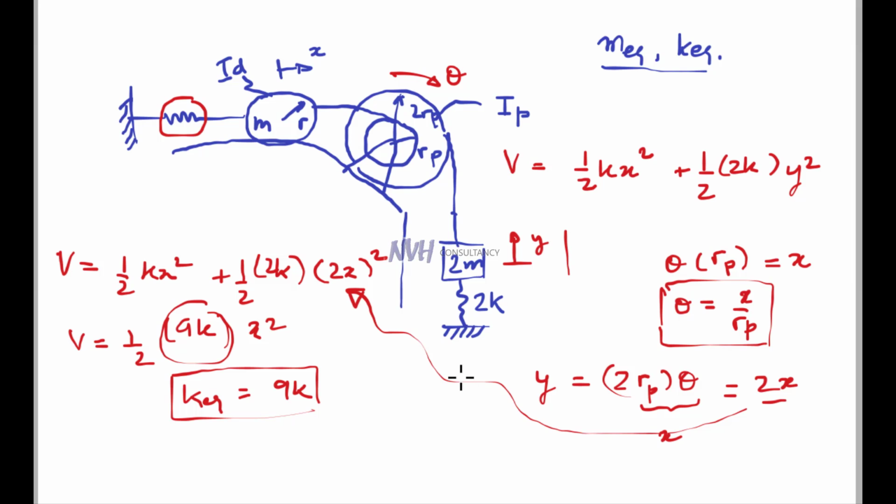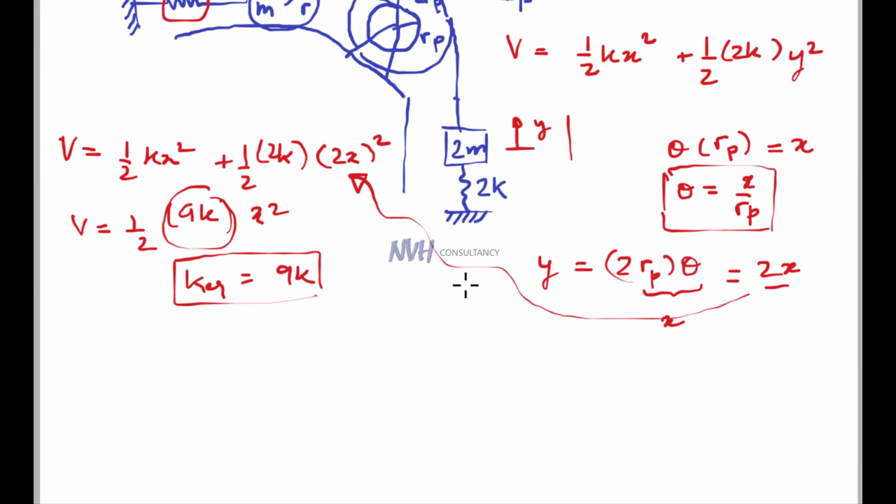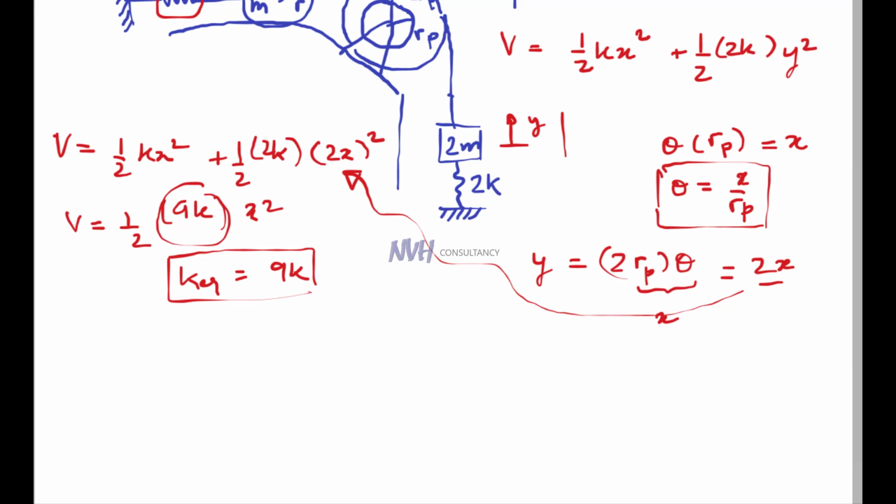Now let us find the equivalent mass of the system. Using the same logic, we'll first find the kinetic energy of the system. So the kinetic energy is equal to the translational energy, in terms of mass and translational degrees of freedom.